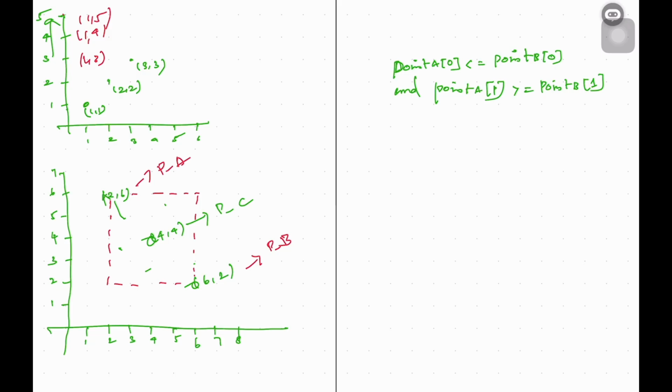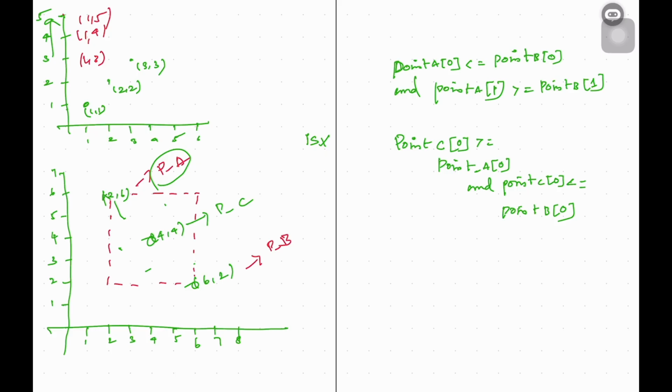So now if you see 4, 4, point C, okay, if point C of 0 is greater than or equal to point A of 0 and point C of 0 is lesser than or equal to point B of 0, which means x is inside.